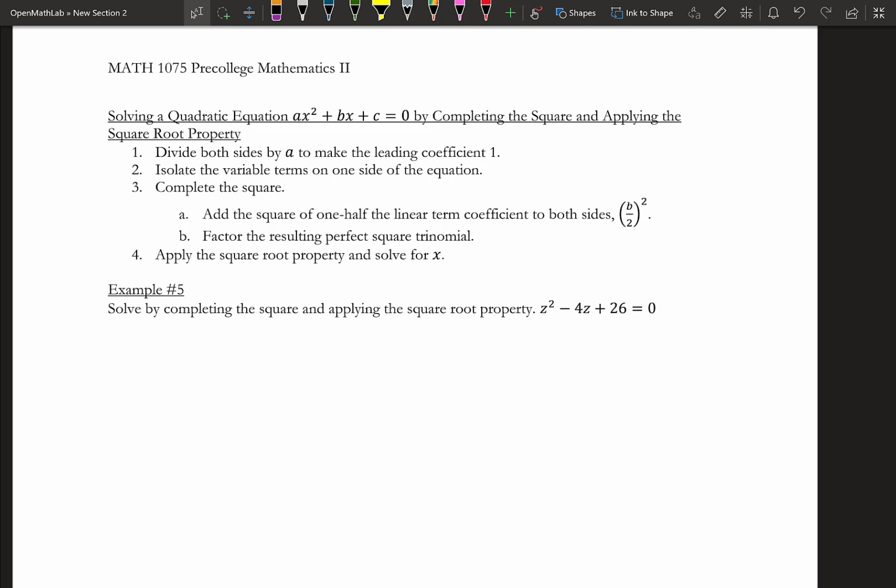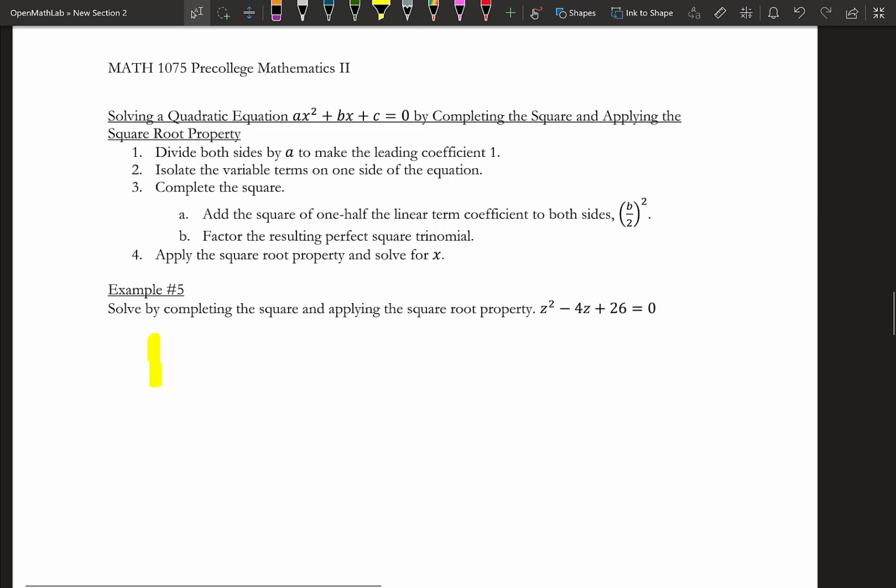Essentially we're going to remove everything without an x. And then you're going to complete the square, so we're going to add b divided by 2 squared to both sides. Then you're going to factor, and then apply the square root property.